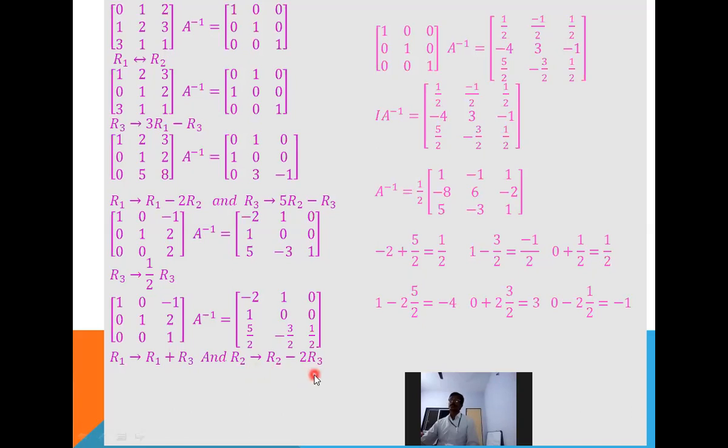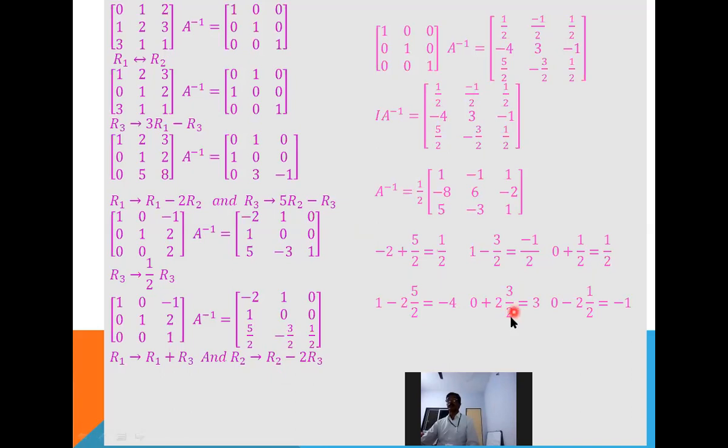R2 minus 2R3. ओके, हा R2 आहे 1 minus 1 minus 2 याला 2 ने मल्टिप्लाय करायचंय 5/2. ओके, so 2 get cancel. 1 minus 5 is -4. So this is -4. ओके, त्यानंतर 0 minus minus plus 2 into 3/2.